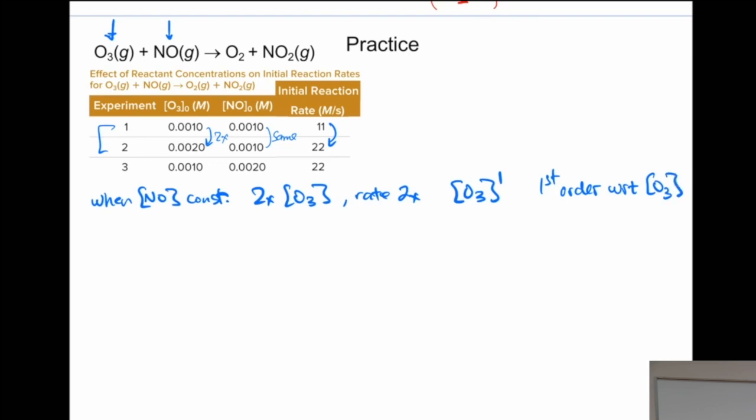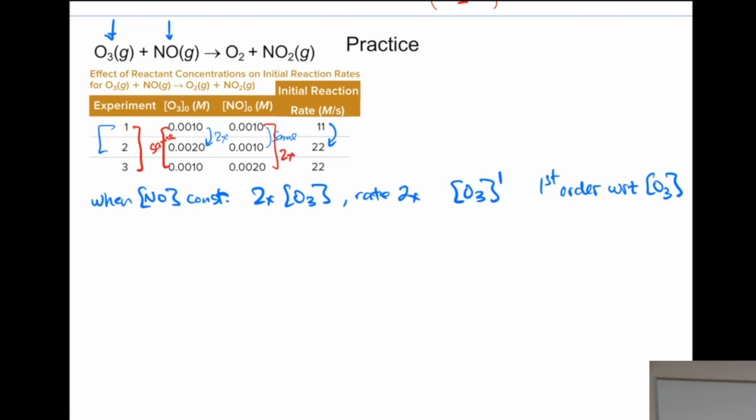All right, now I'll switch to red. I'm not going to do that each time. Now we can't do experiments 2 and 3, because in experiments 2 and 3, both things are changing. If any of you did that, that's why you got confused. We need 2 experiments where only one variable changes. That's going to be between 1 and 3. And between 1 and 3, these 2 stay the same. And now the NO concentration is doubling.